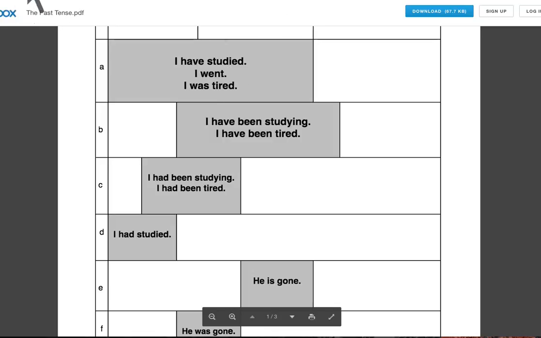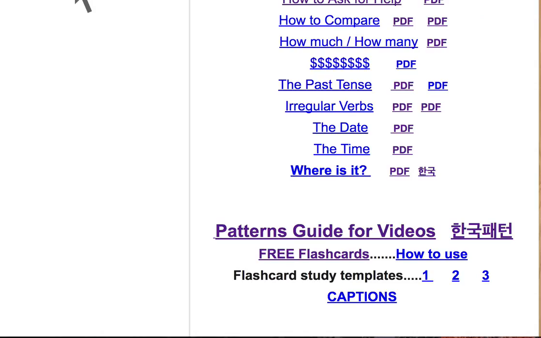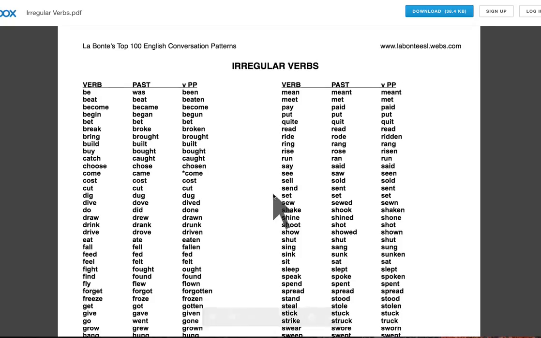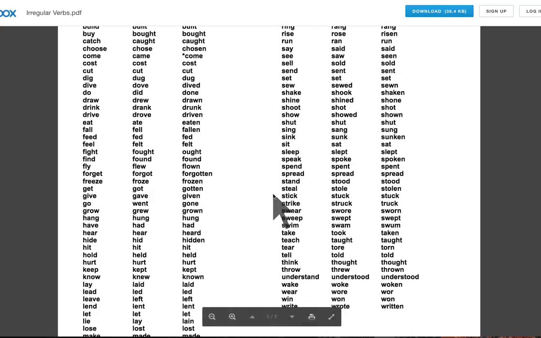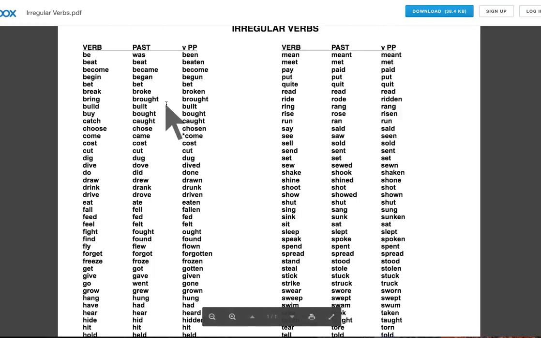We do have the irregular verb. And if you print this PDF, if they're not familiar with irregular verbs, I have a short list of them. There's the regular verb. This is I begin, I began, I have begun.